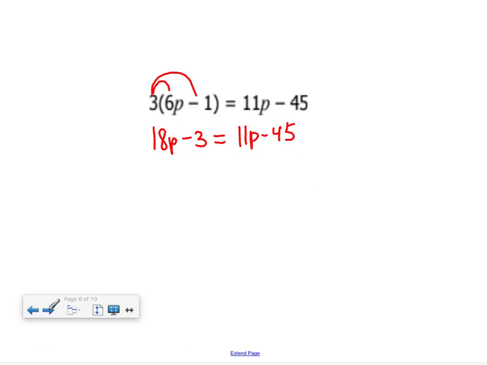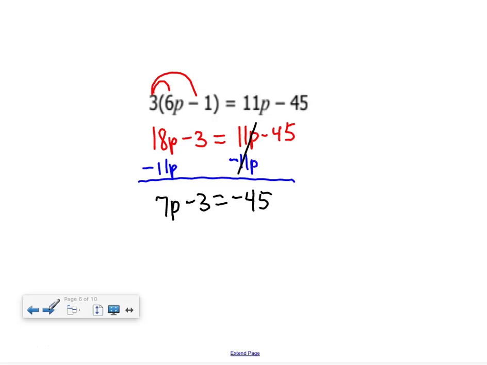Step 3, bring your variables to one side. I'm going to bring my 11p to the other side. So I have to subtract 11p. 18p minus 11p is 7p. Drop down your minus 3. Those p's cancel out. Minus 45. Now I want to get 7p alone, so how am I going to get rid of this minus 3?